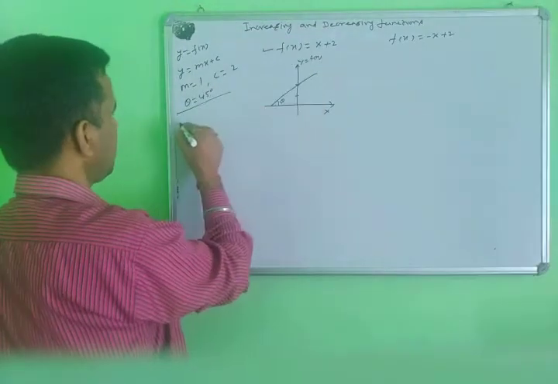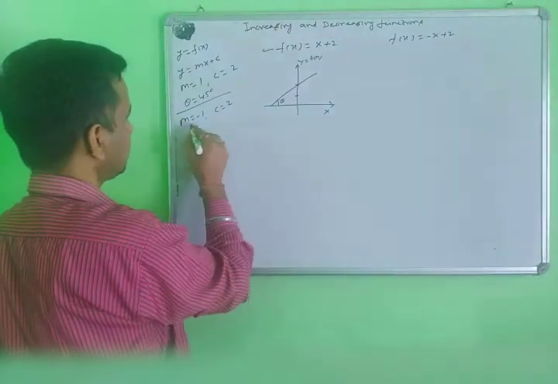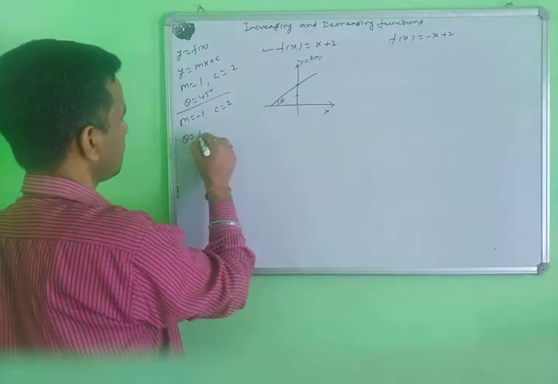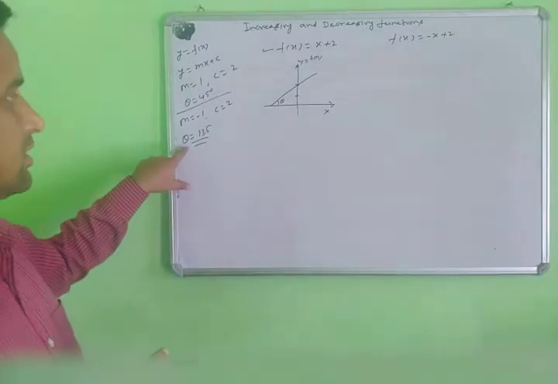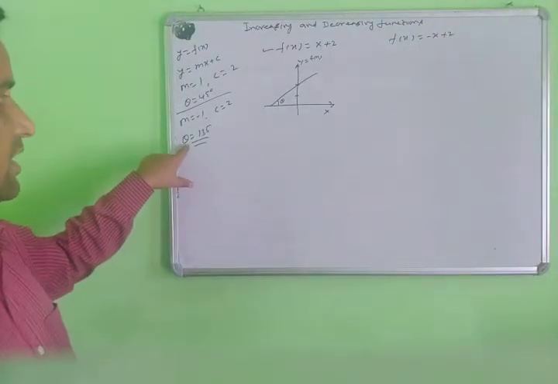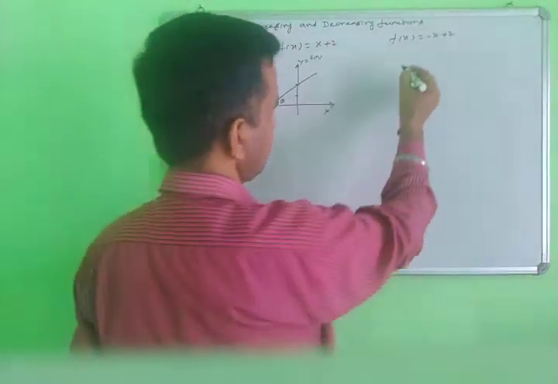Now in the second, m equal to minus 1 and c is the same. In this condition theta equal to 135 degrees. The value of the tangent, meaning the slope, is tan theta, and tan 135 degrees gives m equal to minus 1. Then draw the graph here.